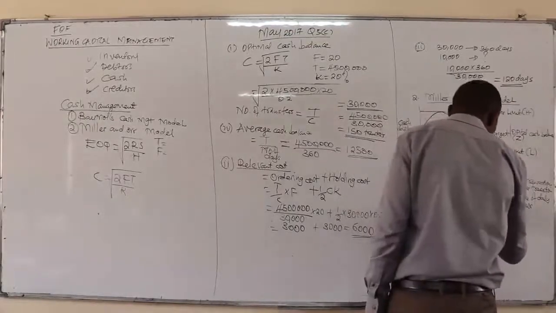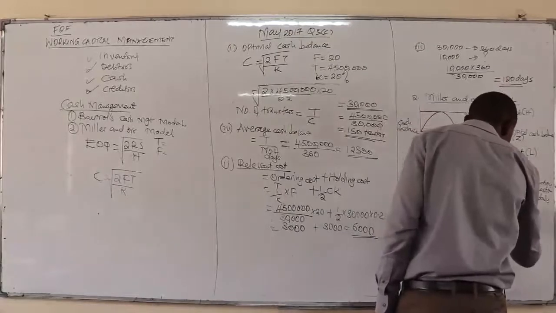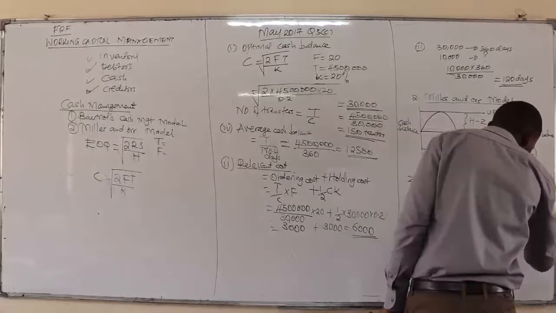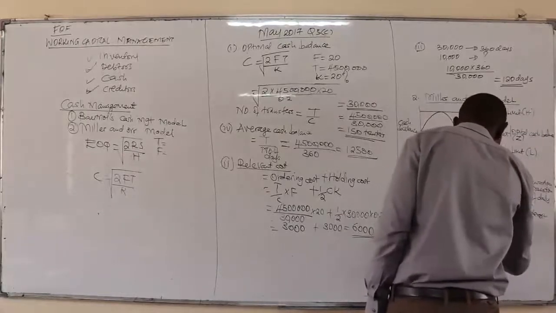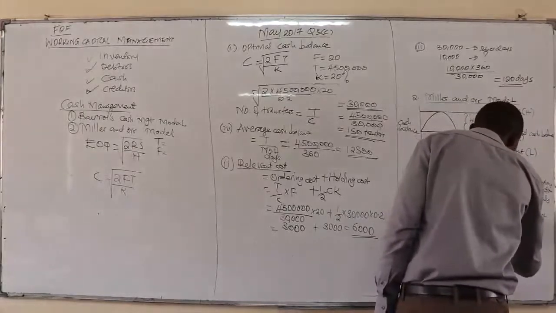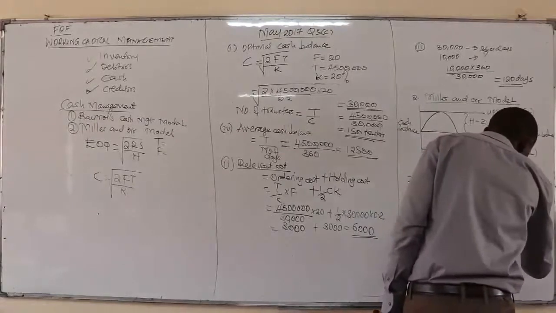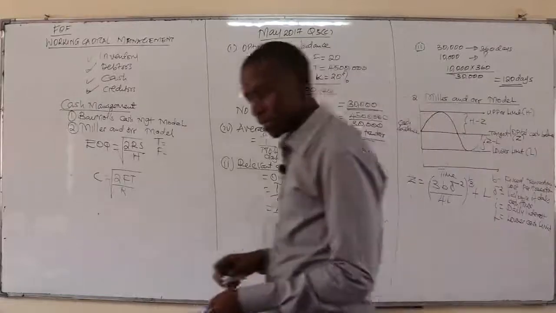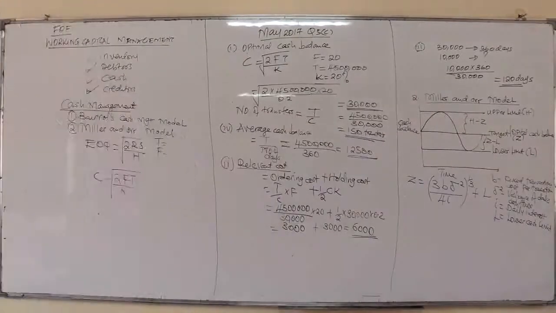I is the daily interest rate, and then L is the lower cash limit.